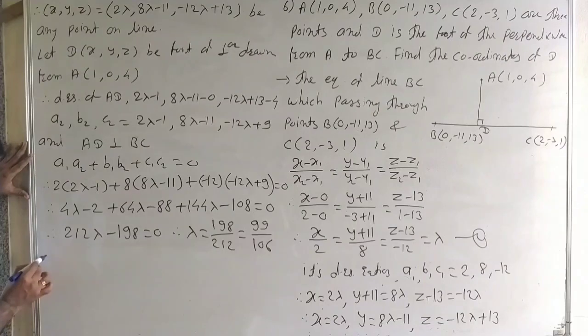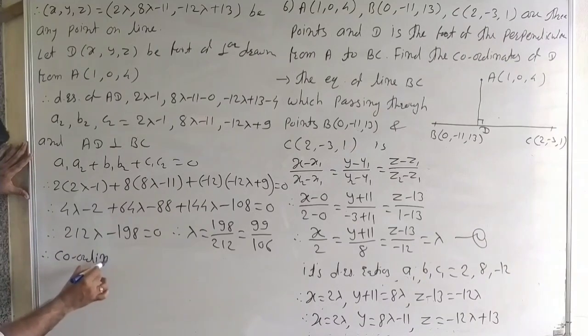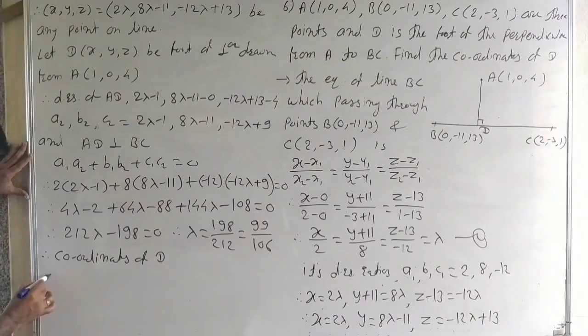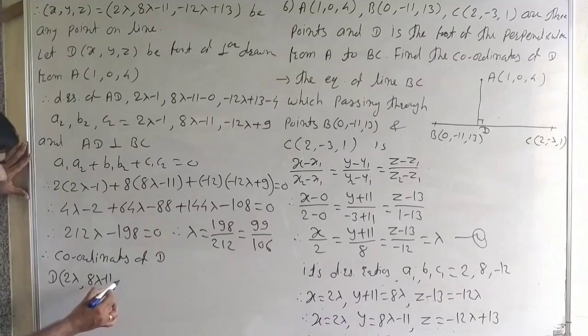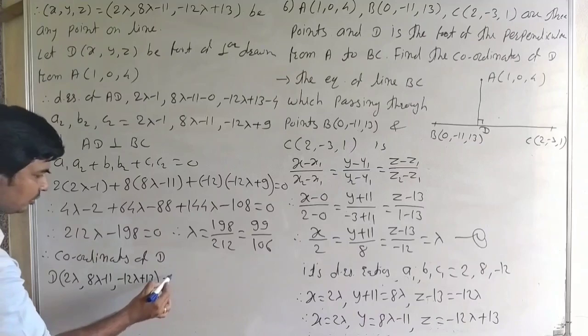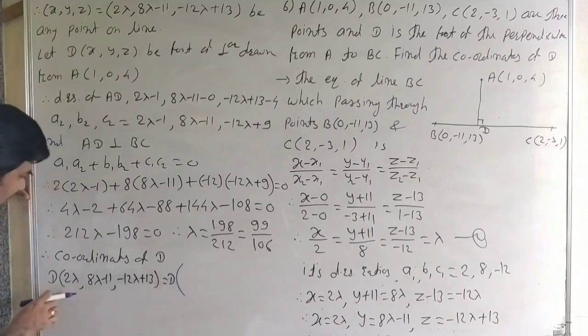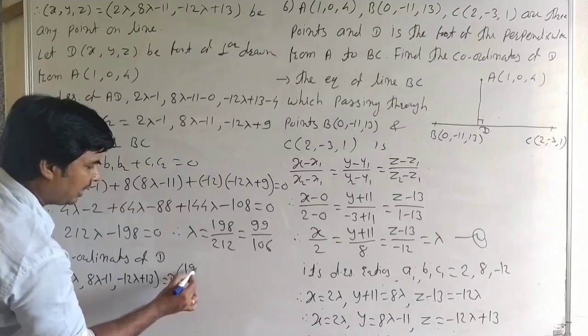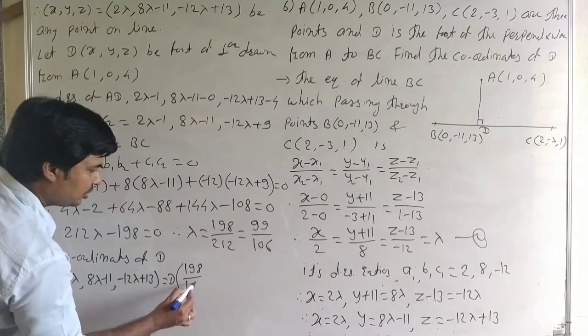Therefore, coordinates of D, see carefully, it is 2 lambda, 8 lambda minus 11, and minus 12 lambda plus 13, that is the coordinate of D. Here 2 lambda is 198 upon 106.